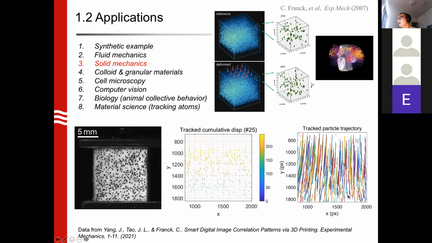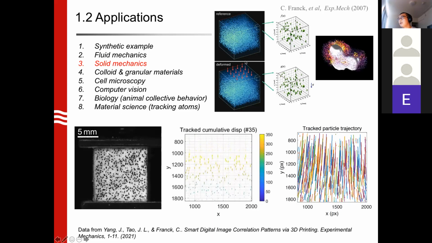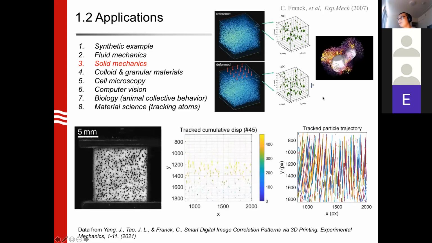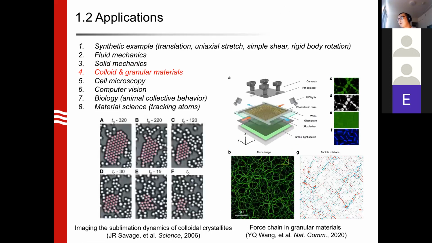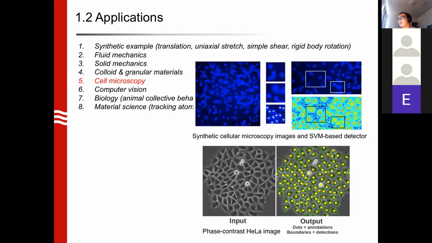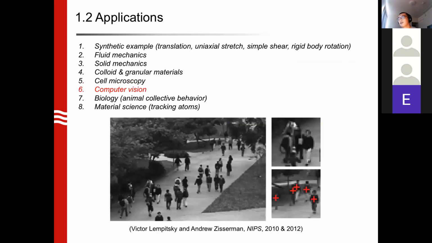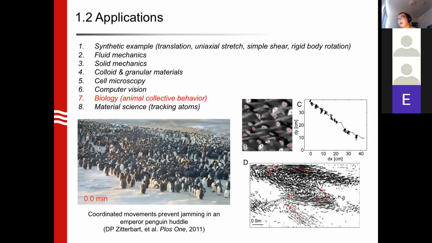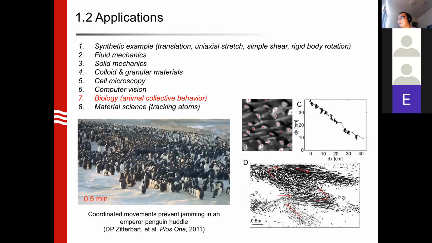Similarly, you can put it in soft tissue or soft gels and track their deformations. Besides solids, in material science, you can also use colloids or granular mechanics, or in biology, you can track cell deformation. Or for computer vision, you can measure how people are walking, and the traffic flow. Also, you can count how the penguins are moving.